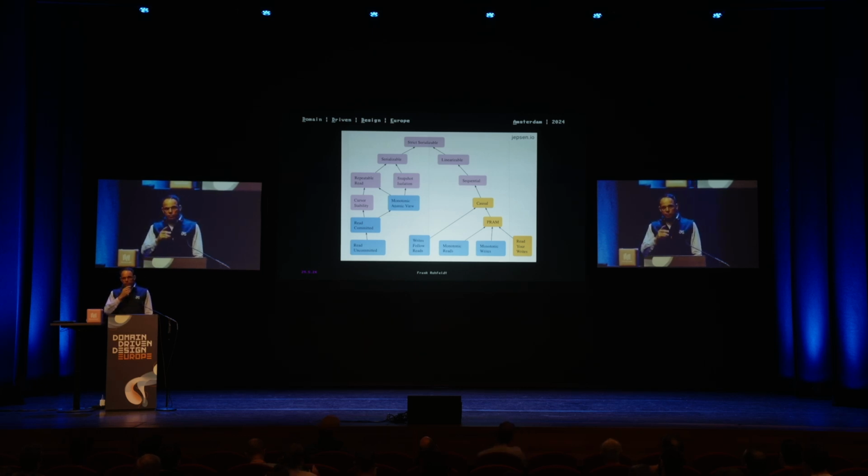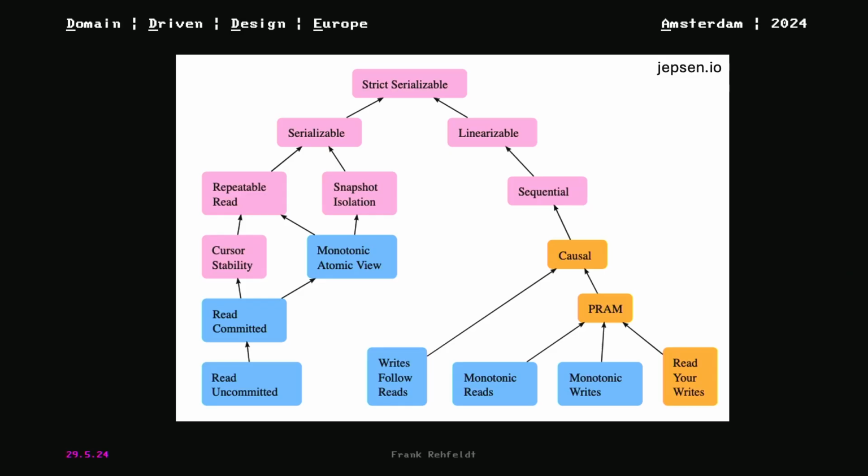I really recommend you check this out because it's really instructive. On the left-hand side, we have the isolation guarantees that we've spoken about earlier. But on the right-hand side, we have freshness guarantees or recentness guarantees of data.